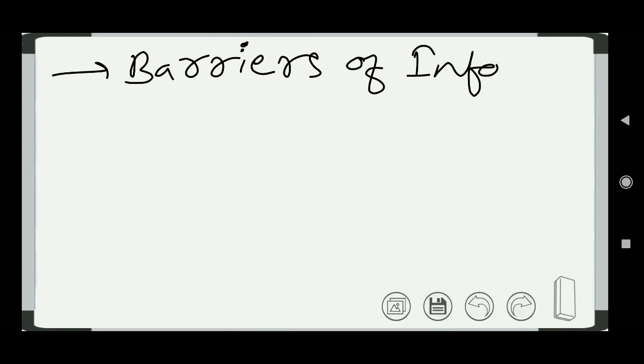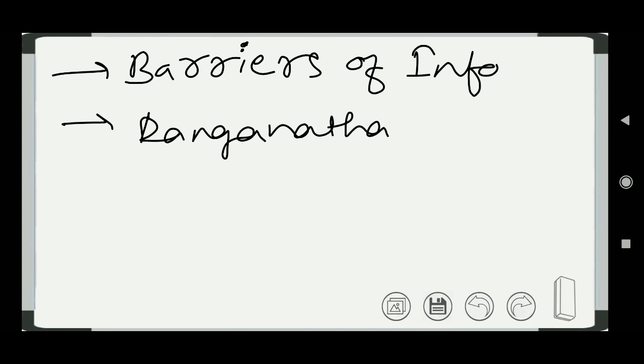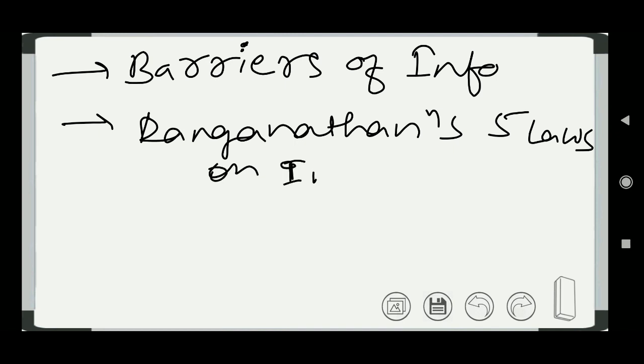Other than these, under information studies, we have Ranganathan's 5 laws on information studies. This is very important for 5 marks.